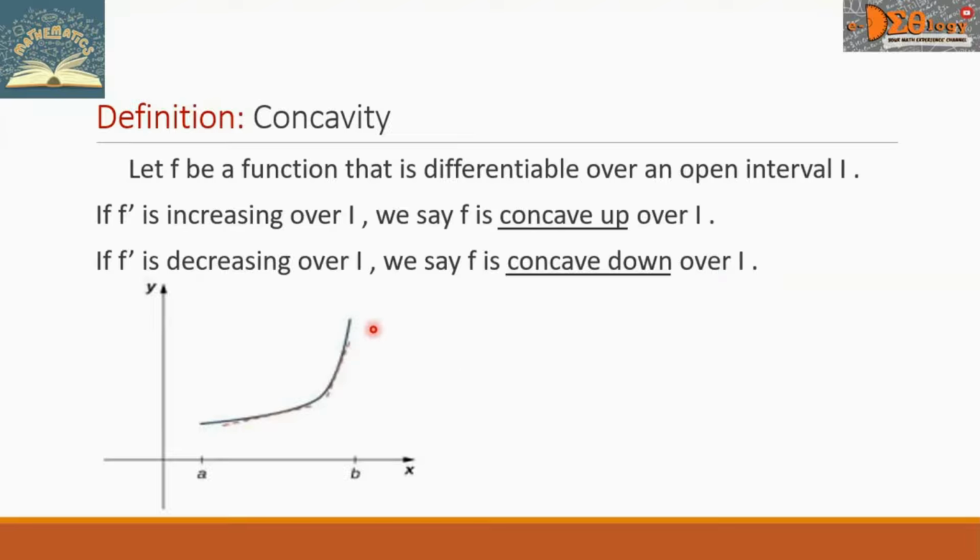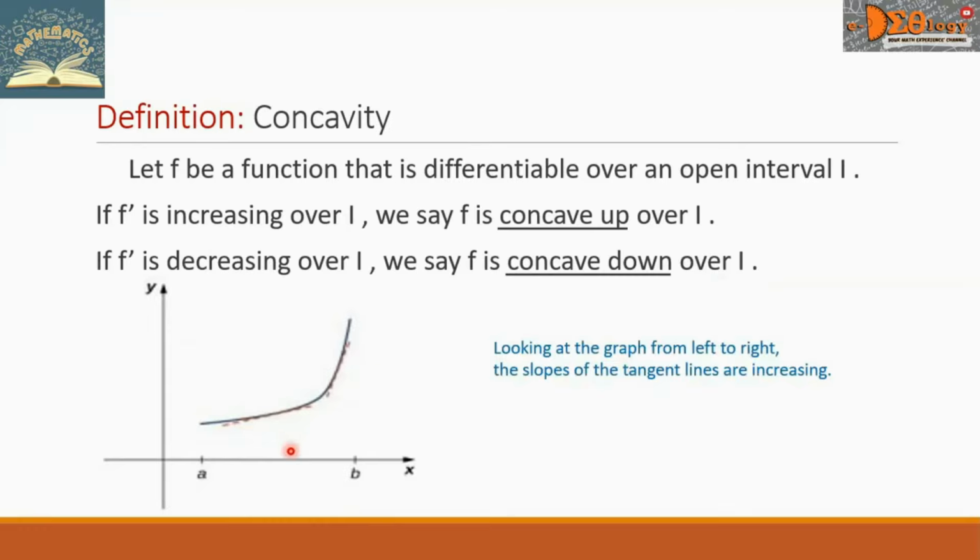I have here one graph over the interval from A to B. On the graph, there are examples of two tangent lines given in dotted lines. This is the first tangent line. This is the second tangent line.